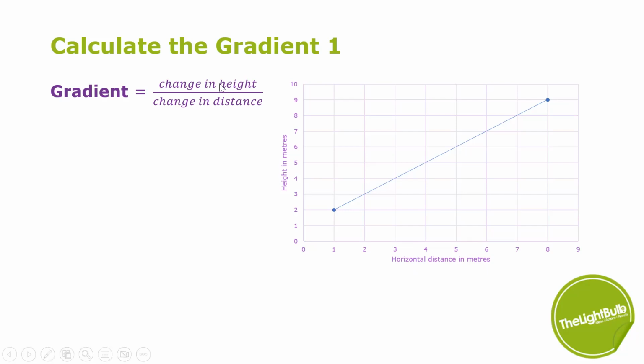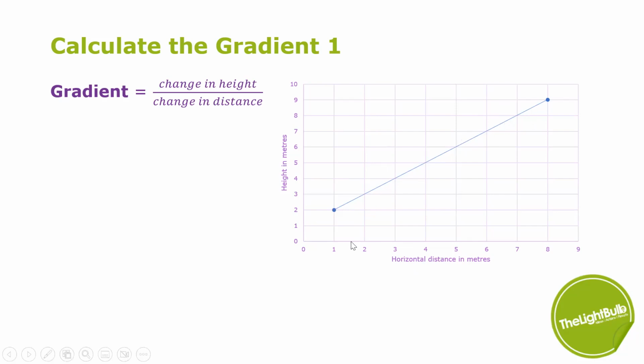So first of all, we need to work out what the change in height is. So if this represents the height, we've started at 2 meters high, and we're finishing at 9 meters high. So in all, we've gone upwards 7 meters. 9 take away 2 is 7.